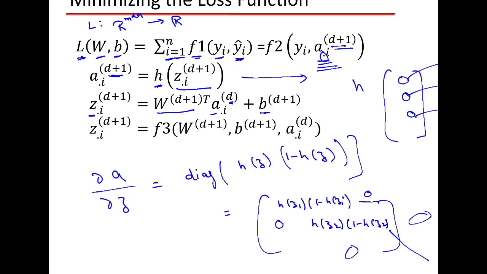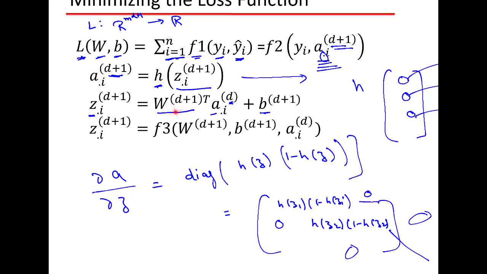Now I need to find the derivative of this output, which I lost, with respect to my weights. So I have to find this derivative with respect to the W's and B's at the D plus first layer.